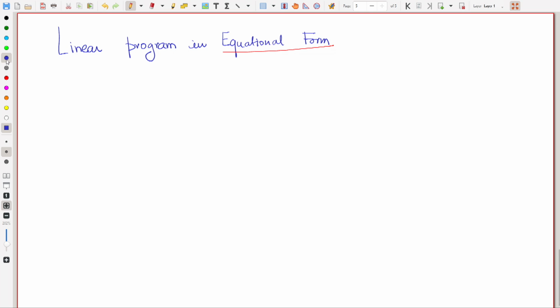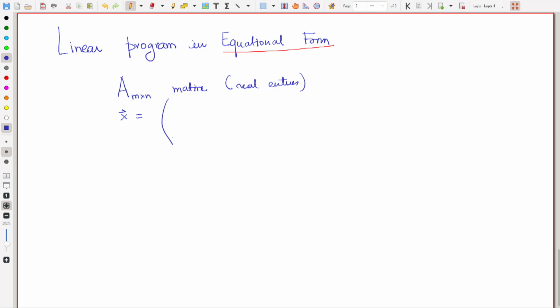So what we are given is A, some m by n matrix with real entries. This is going to be the matrix of coefficients.